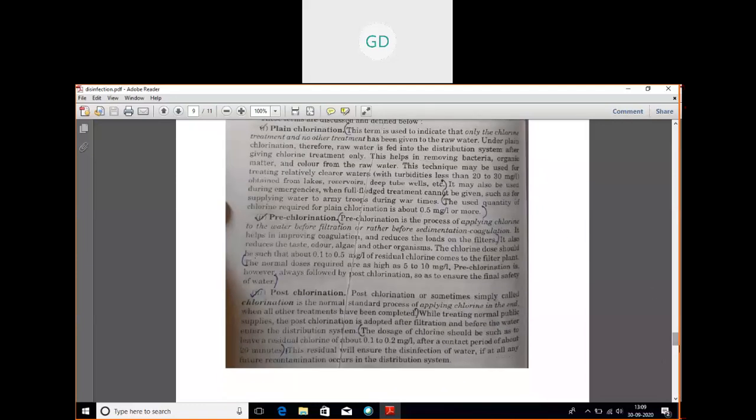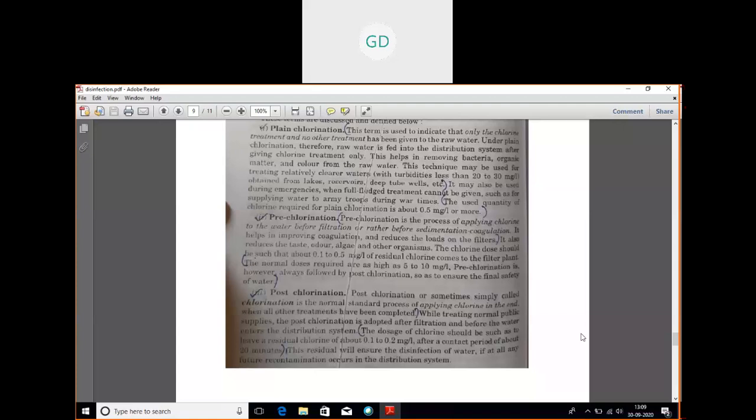Pre-chlorination is when chlorine is added before the filtration process. Or rather, you can say it is applied before the sedimentation and coagulation process, and then the process is known as pre-chlorination. From the name itself, it is pre, that means it is applied before.